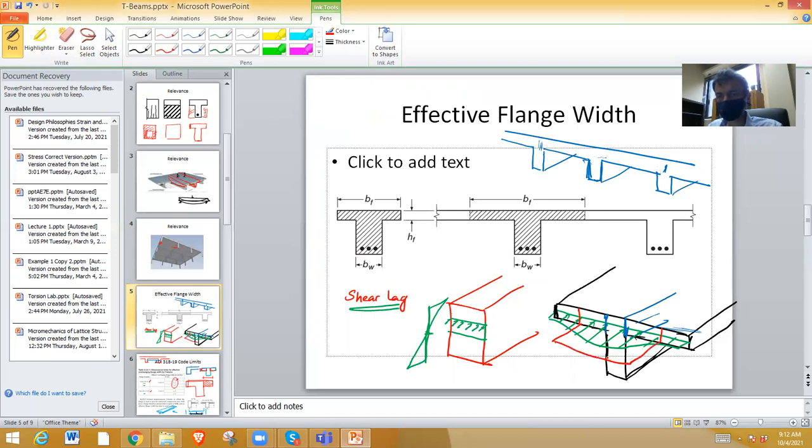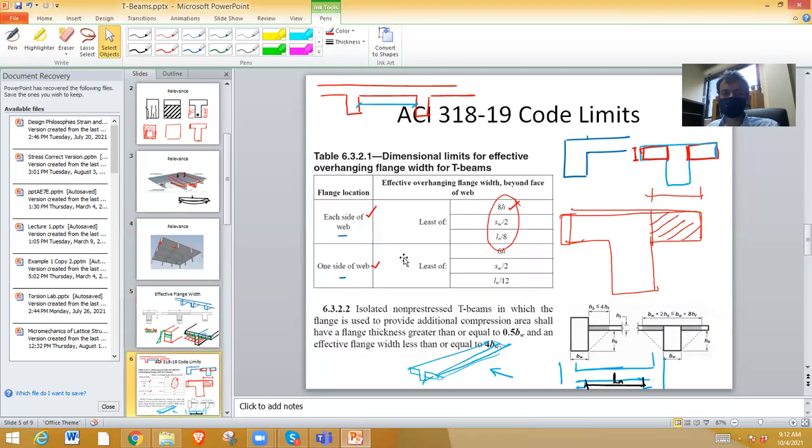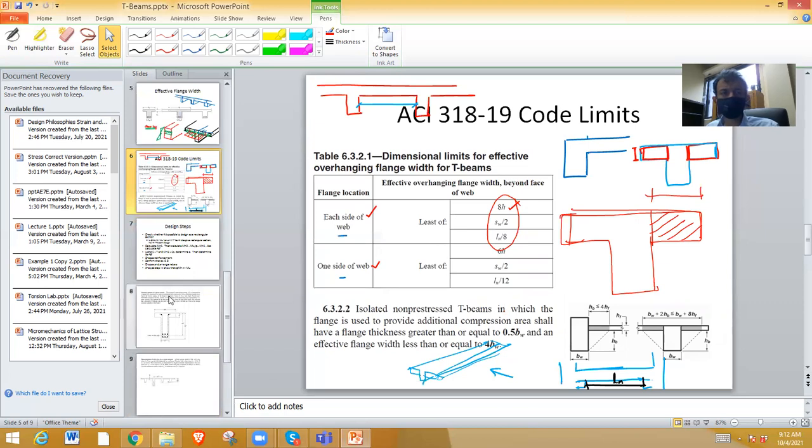I'm taking a uniform stress now, and the total force produced by this uniform stress is the same as the total force produced by this variable stress. In order to have that, I should reduce the flange width from what it was originally. That is why the code prescribes these criteria.